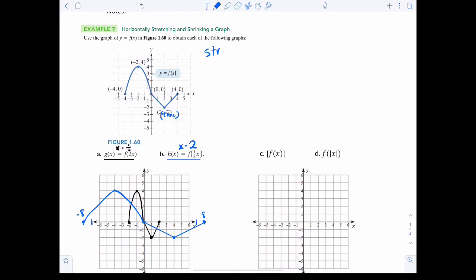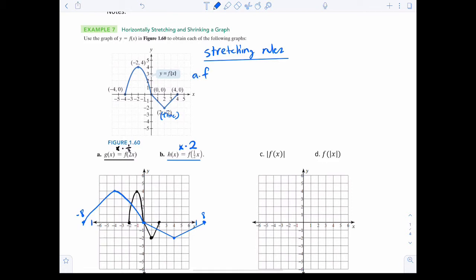Just remember our stretching rules. You have a times f of x versus f of a times x.